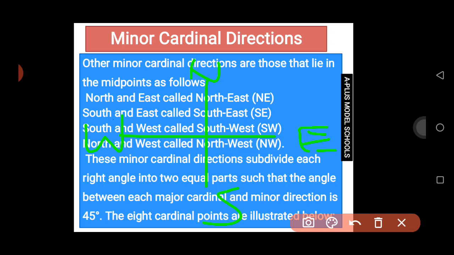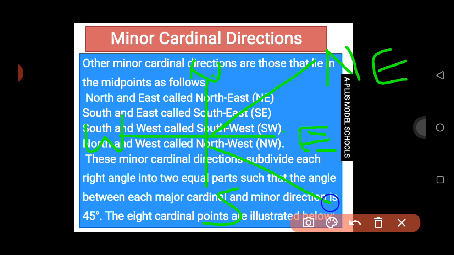Now the minor ones are gotten from the major ones. When you divide north and east into two, it will give you northeast. So this direction comes out between the north pole and the east.